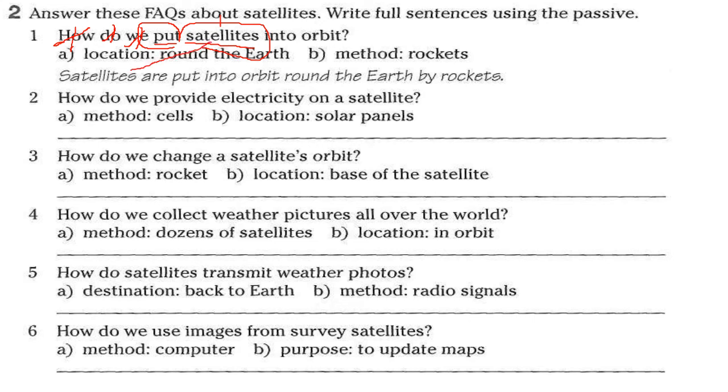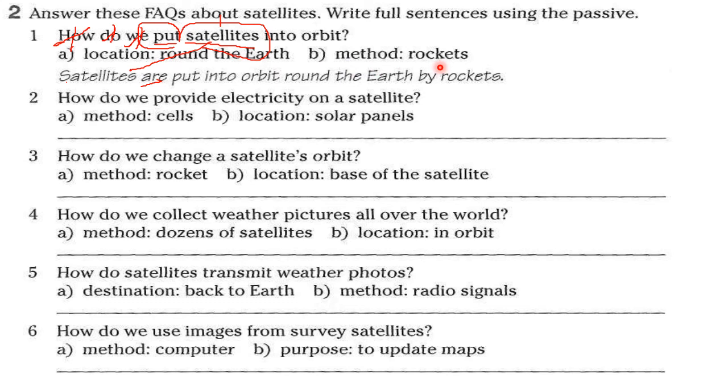Look here, it becomes satellites in the beginning with a capital S. Satellites are, because satellites is plural. Put stays put. I complete the sentence: into orbit, round the Earth. How? By rockets.